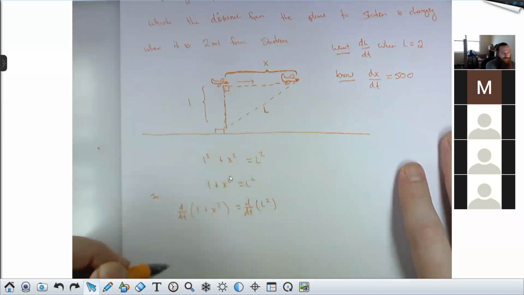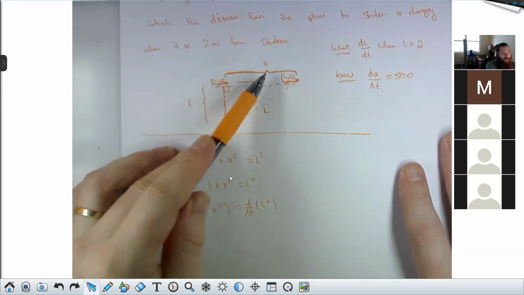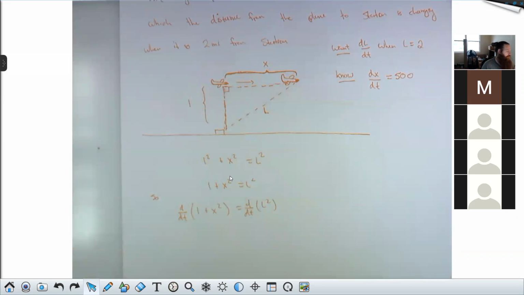The time derivative d/dt of 1 is certainly 0 because 1 is a constant. What about d/dt of x squared? Remember, x does change over time. It will be 2x dx/dt.